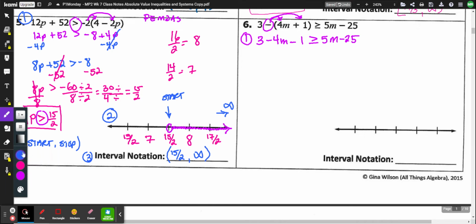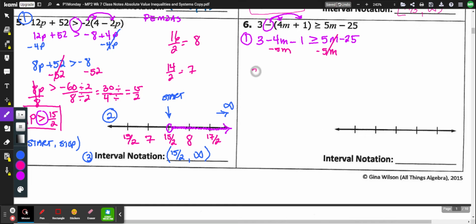Now we're going to combine our like terms, or get all the terms with m on the left side of the inequality and all the terms with constants on the right side of the inequality. So let's go ahead and take a look. Let's start with the variable. I'm going to subtract 5m from both sides. That will cancel.